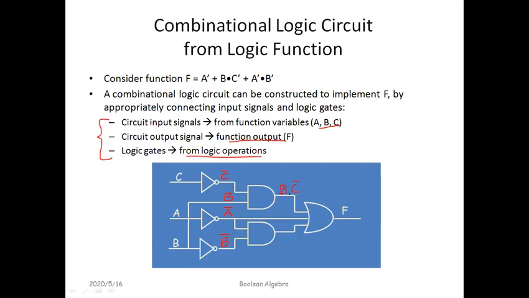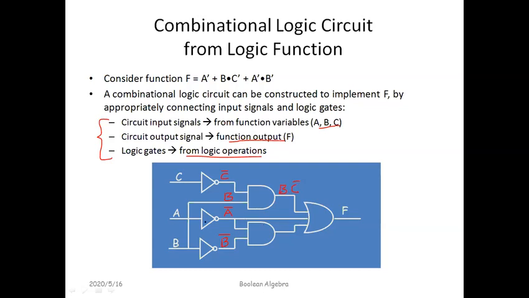Okay, B dot C bar. And meanwhile, this B dot C bar is an input to the very last OR gate, a 3-input OR gate. Okay, let's first finish these gates on the second stage.